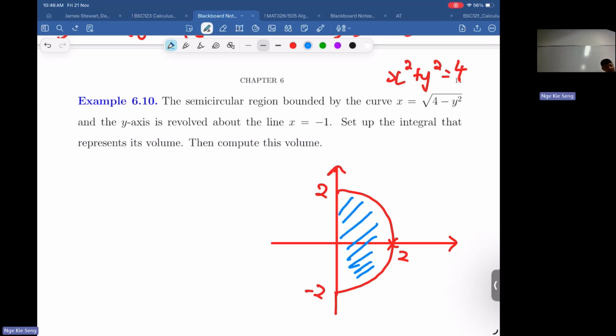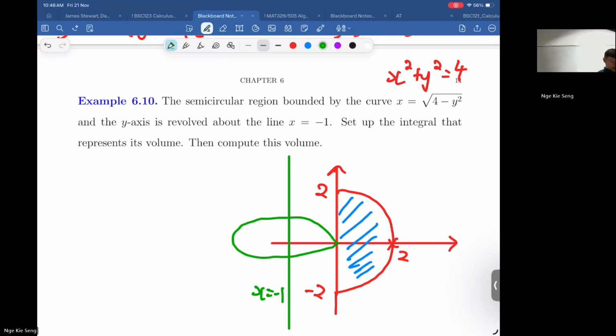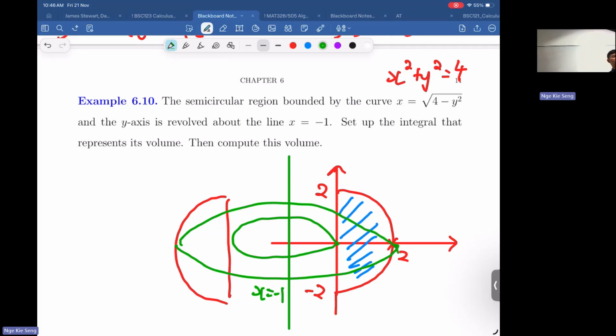But revolve about the line y equals -1. So let's draw this line. It rotates something like this. Perhaps I can draw this out like that. Okay, so this is a washer. So where is the R in and R out?